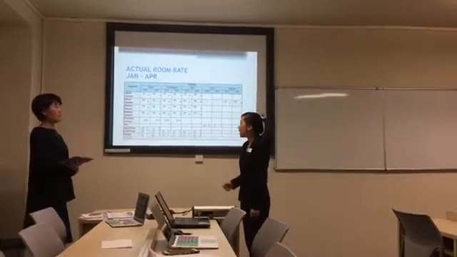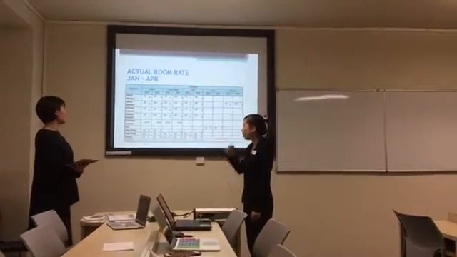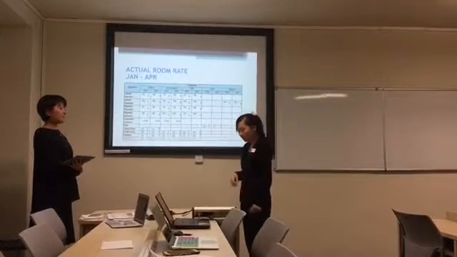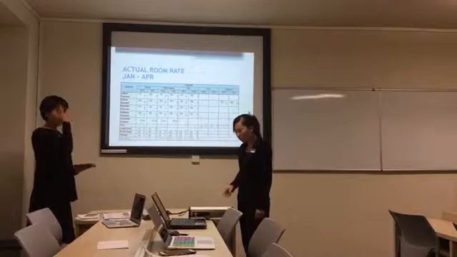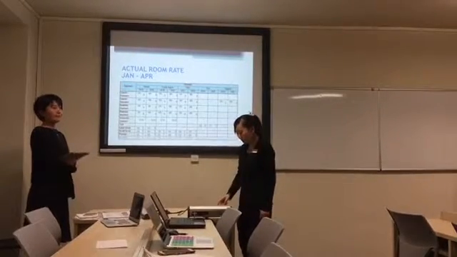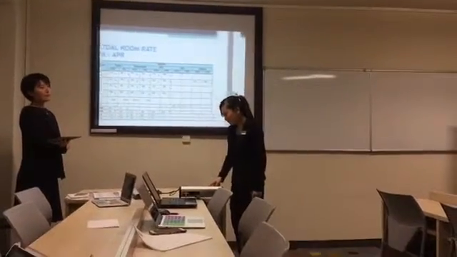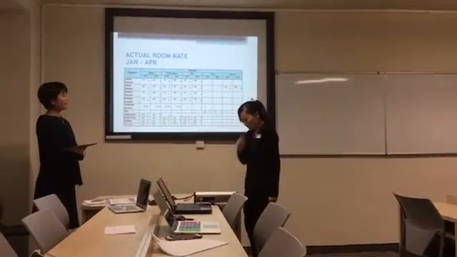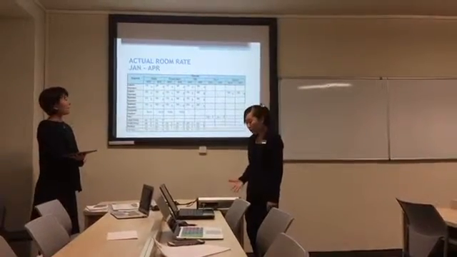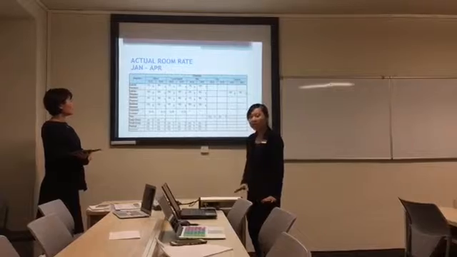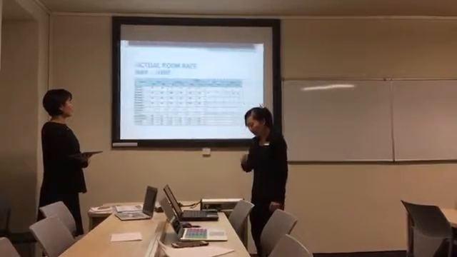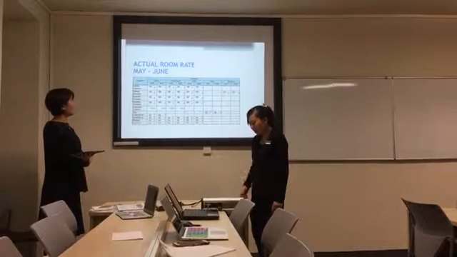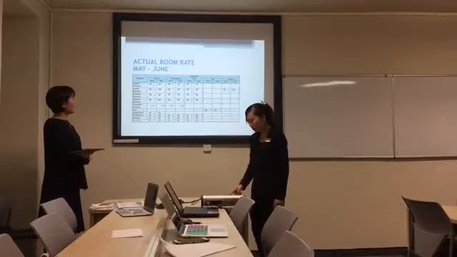Now we will set up our price strategy according to the 4 key points. This is the actual room rate from January to April. This quarter we try to set up a competitive price to attract more guests to our hotel. And from May to June we increase 10%.